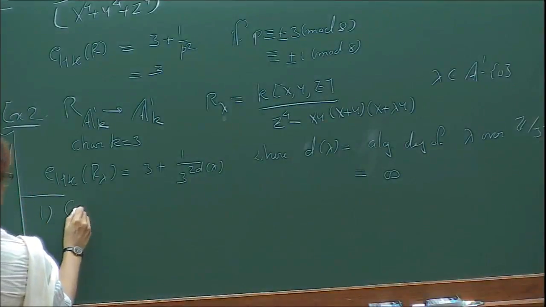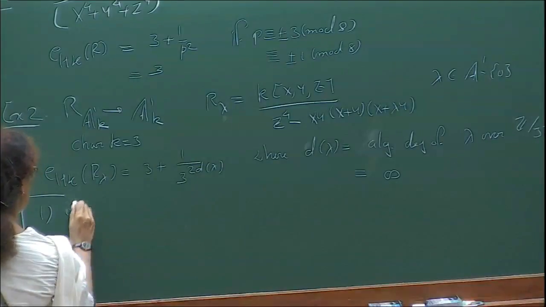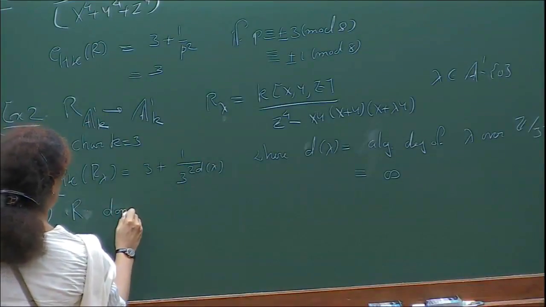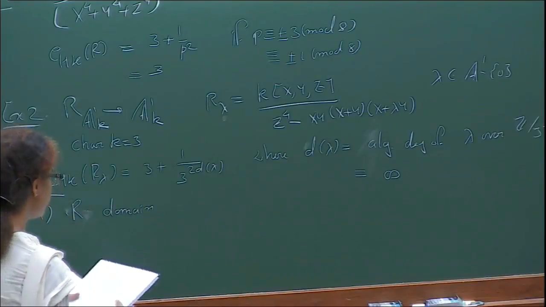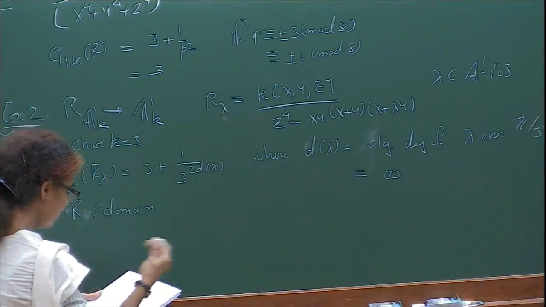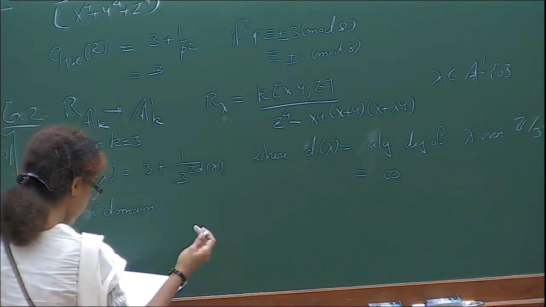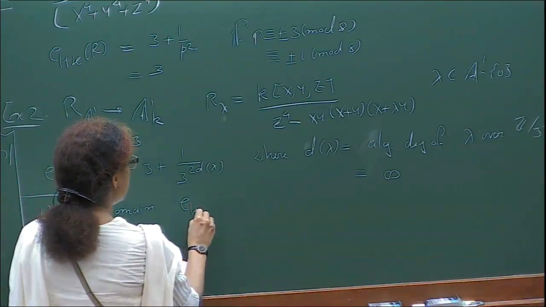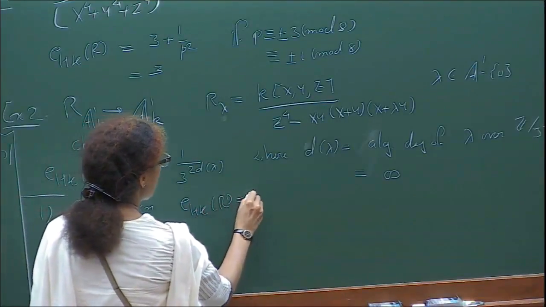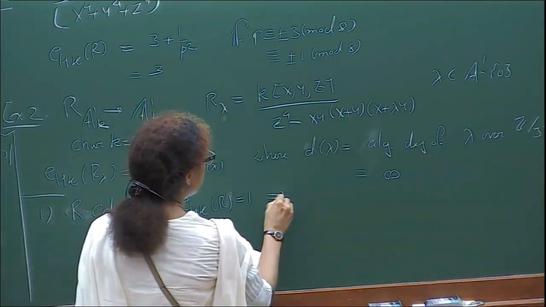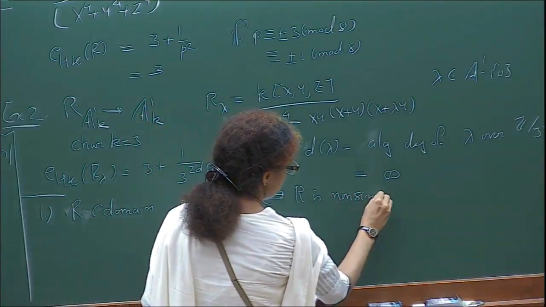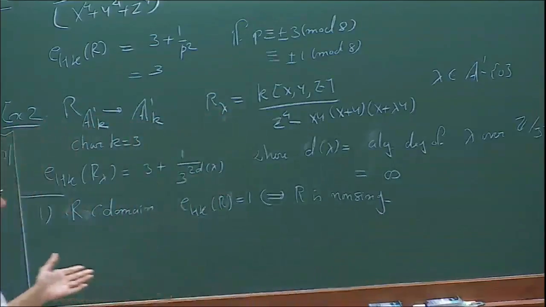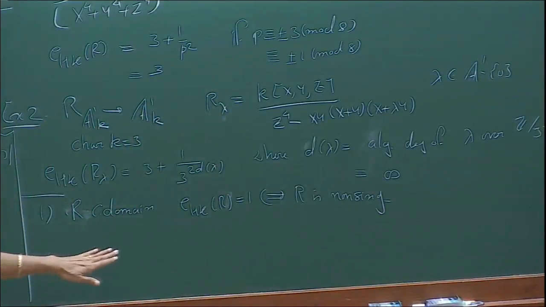So one is if I take R to be a domain, strictly speaking, I should say analytically unramified. So take a complete domain, for example, a quotient of a complete power series ring. Then EHK of R is 1 if and only if R is non-singular. So in that particular way it behaves exactly like your usual multiplicity.